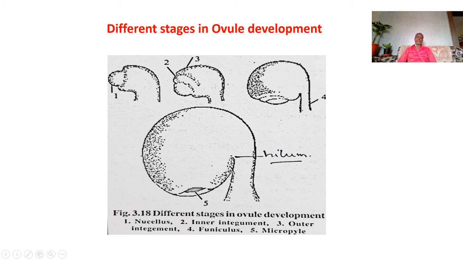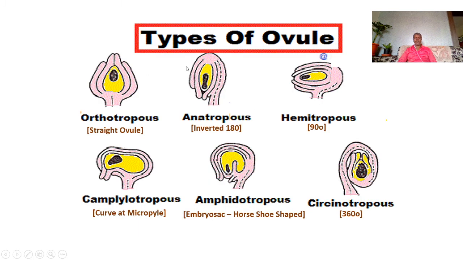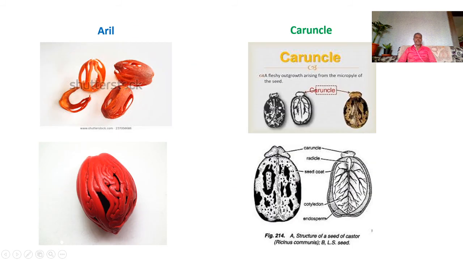Okay, and the place where this funicle attaches to the ovule is known as hilum. Okay, so then we discussed that there are 6 different types of ovules present in angiosperms based on the position of the micropyle, the chalaza, and the funicle. Okay, they are orthotropous, anatropous, hemitropous, campylotropous, amphitropous, and circinotropous.